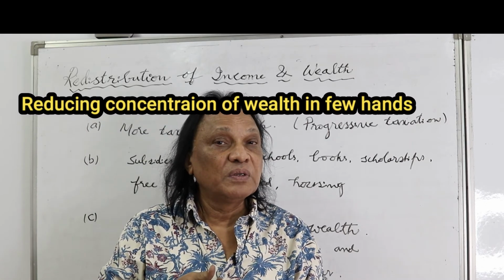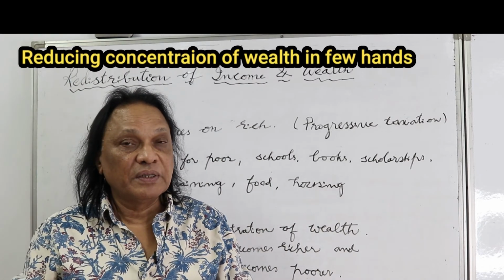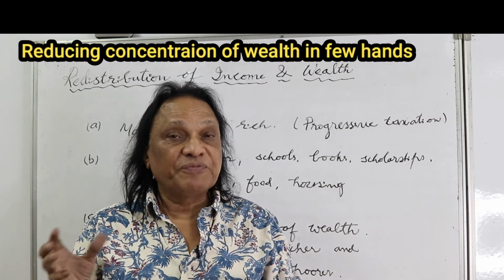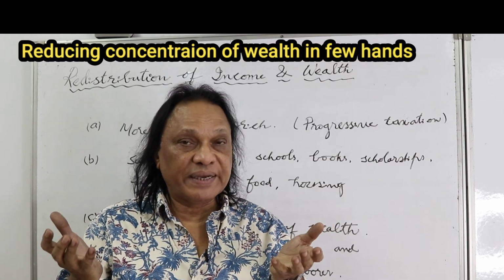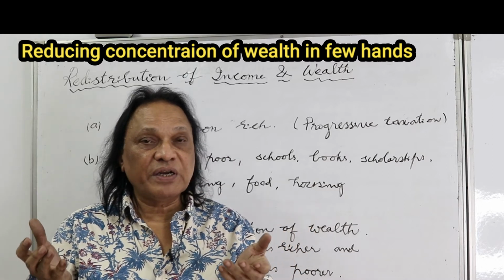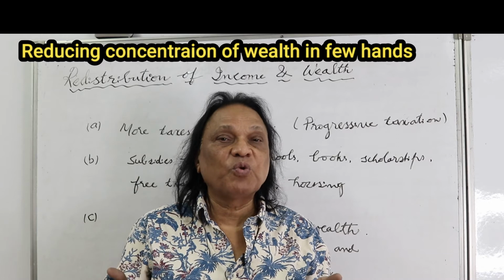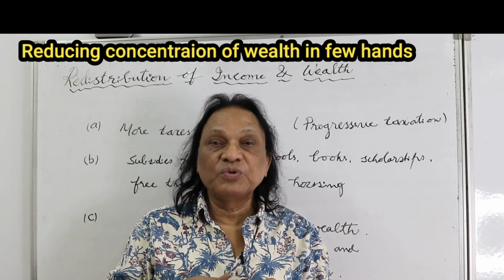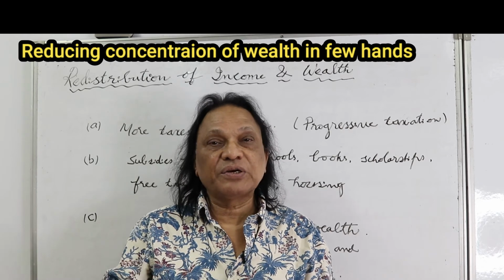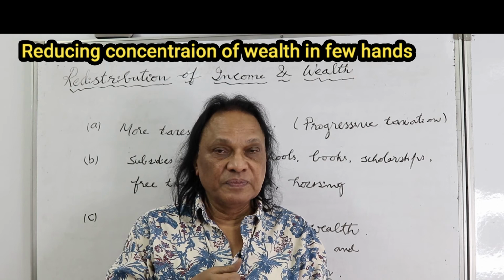You remember? The more people spend, the more consumption expenditure in the economy develops faster. So if the entire wealth is in the hands of a few rich people, we call it concentration of wealth. It's very harmful for the economy. The economy will never develop because the rich people won't be utilizing it; as you learnt in Keynesian economics, the propensity to consume will come down.